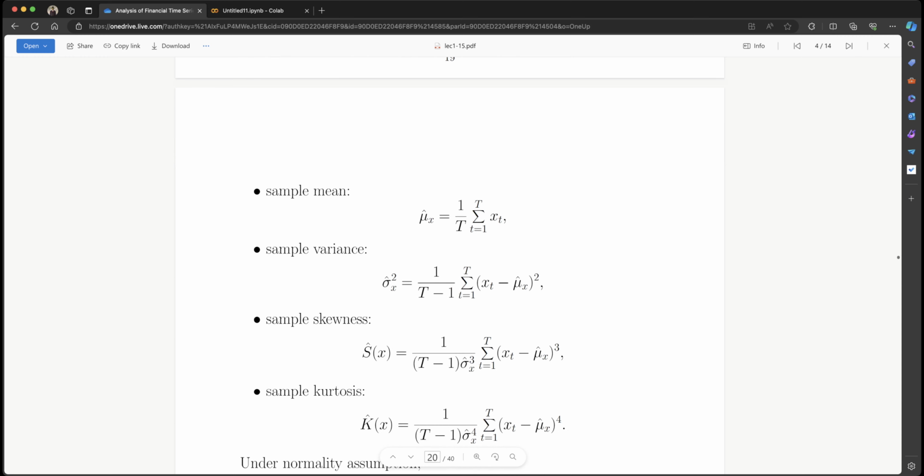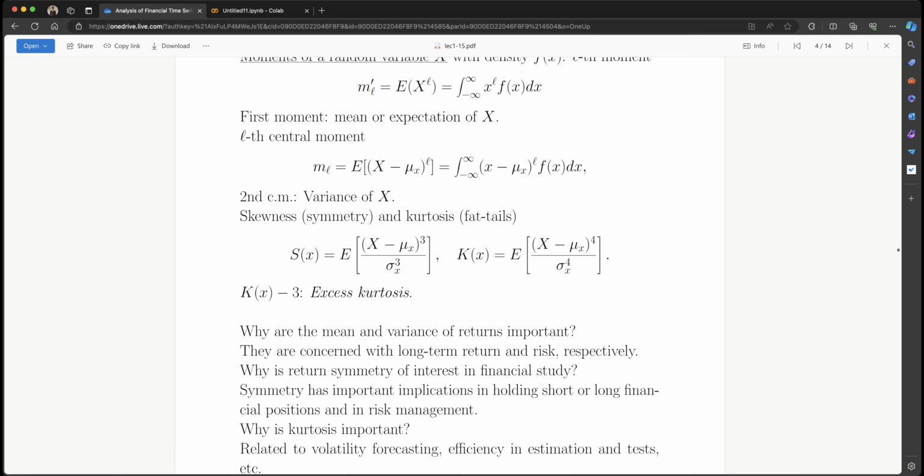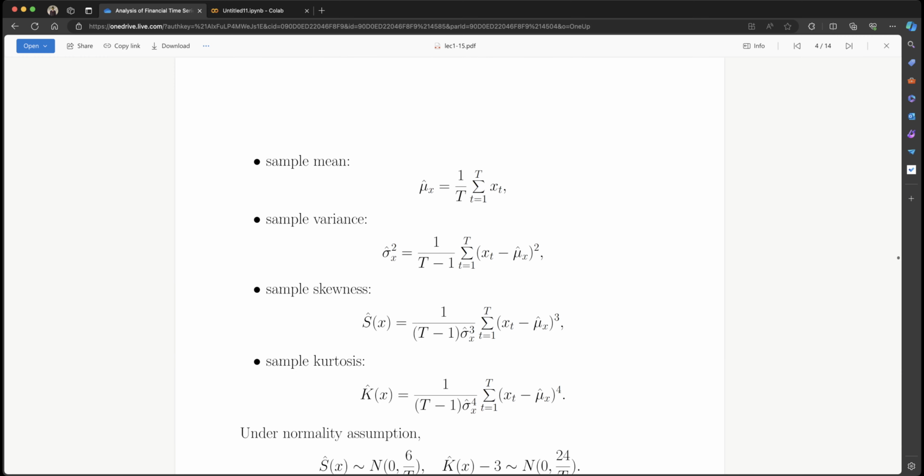Now sample skewness. Again, skewness is a mathematical concept, so how can we estimate skewness from data?